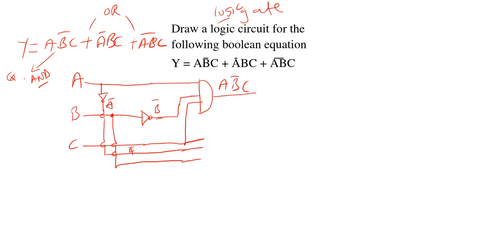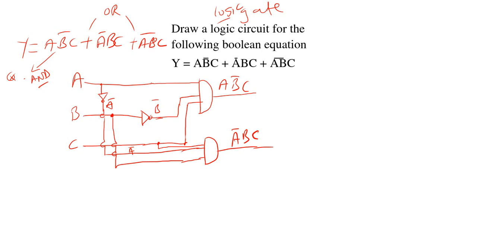Let's take it from here. So these three, we pass them through an AND gate to get not A, B, C. Now we have achieved our first two terms.